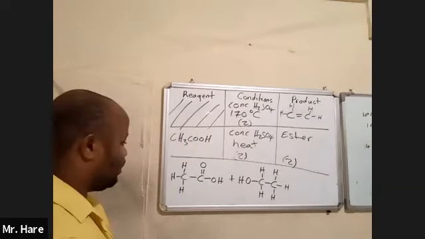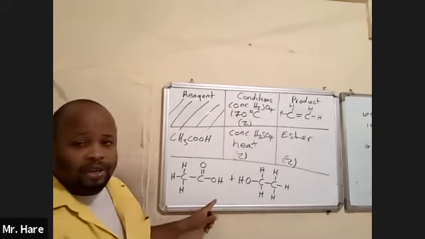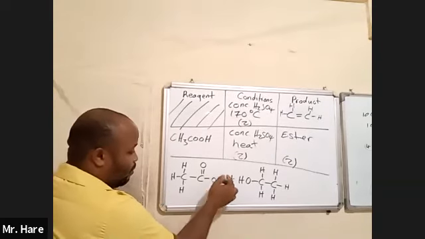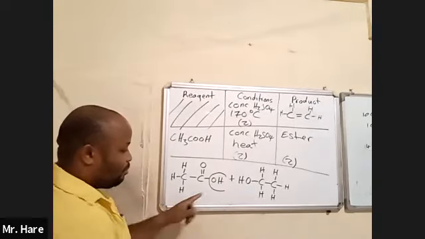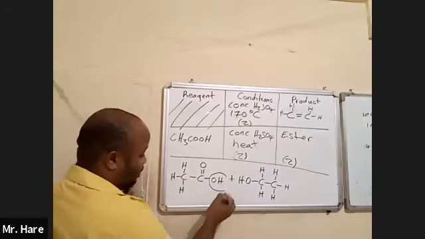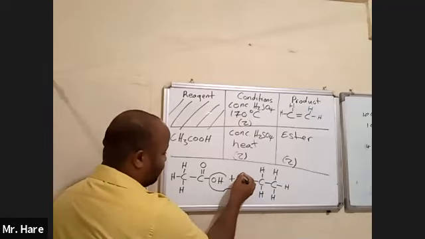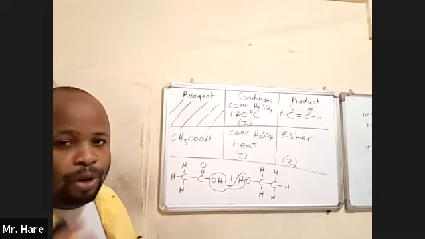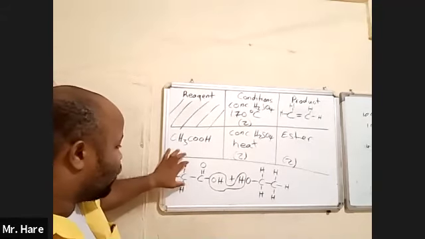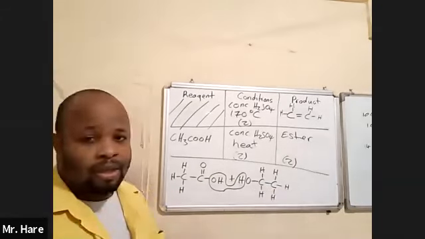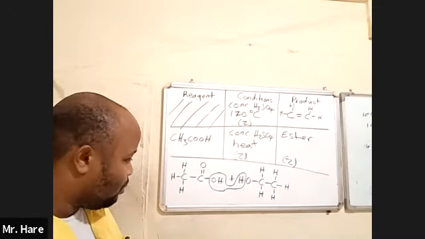All right. So in esterification, you are going to remove the OH group from the acid and the hydrogen from the alcohol. So what we're doing, we're joining up the carboxylic acid to the alcohol. How are we going to do that?